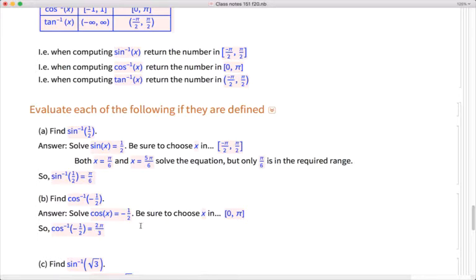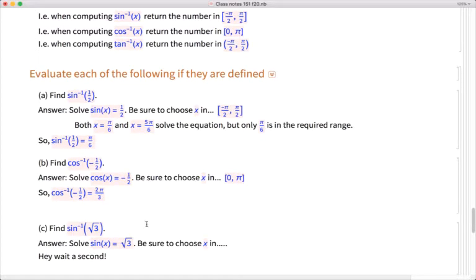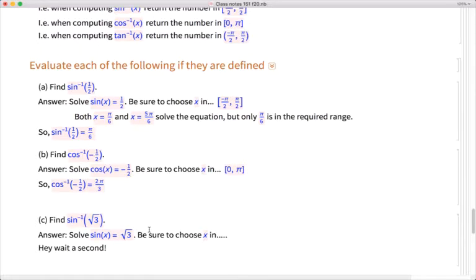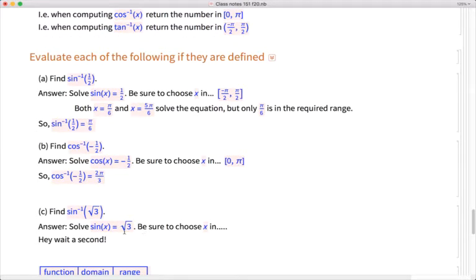Okay, let's try another one. We're going to find the inverse sine of square root 3. That means we're looking for a number whose sine is square root 3. And we'd want to make sure that we chose our number x to be in the interval. But hopefully you're balking at this, because there is no x whose sine is square root 3.